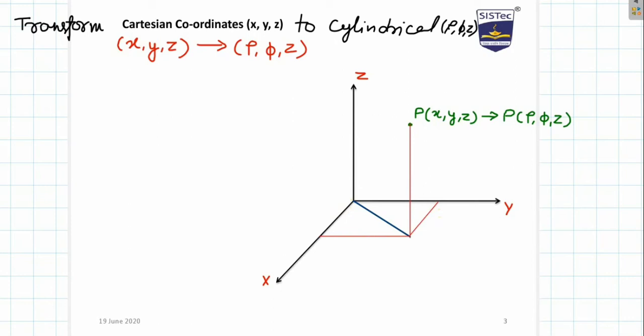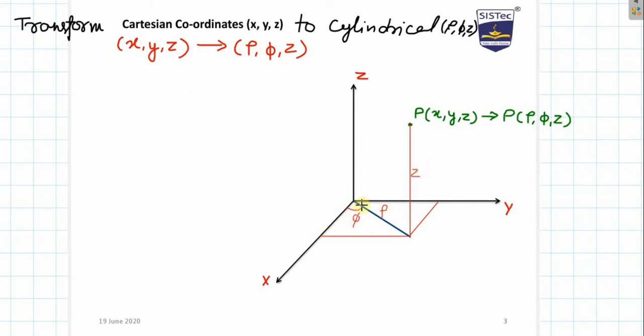Okay, now see, we have this rho vector. We have already discussed this, this rho vector is making angle with the x-axis and that is phi. Now we have this vector parallel to the z-axis and that one is, let's say, z.